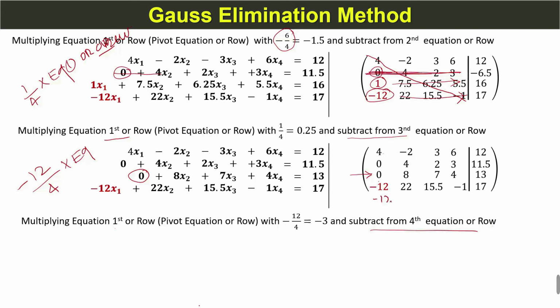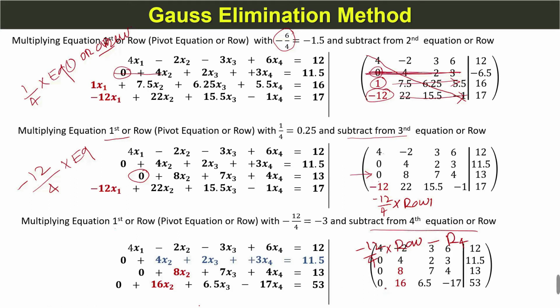Similarly, we multiply row 1 by minus 12 by 4 and subtract row 4. Then we will get this one, this element will be 0, and the term including the variable x1 will be 0.